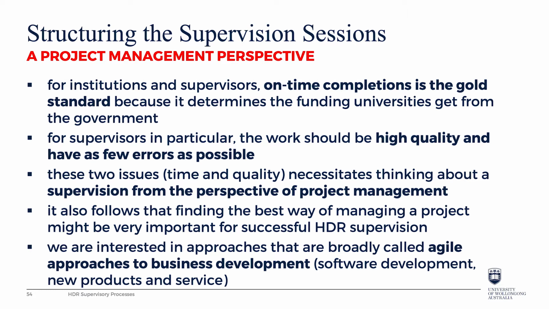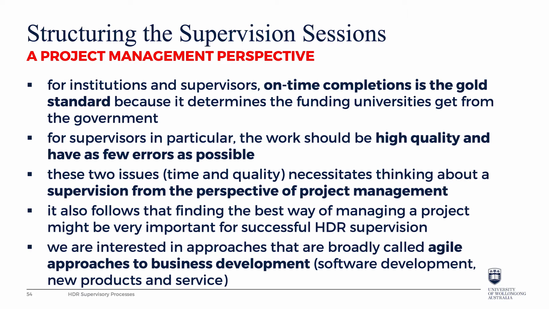And whilst we've bagged traditional approaches to project management that involve Gantt charts and waterfalls, there are alternatives that have been developed more recently that have been involved in business areas like software development and new product and service development that are referred to broadly as agile.